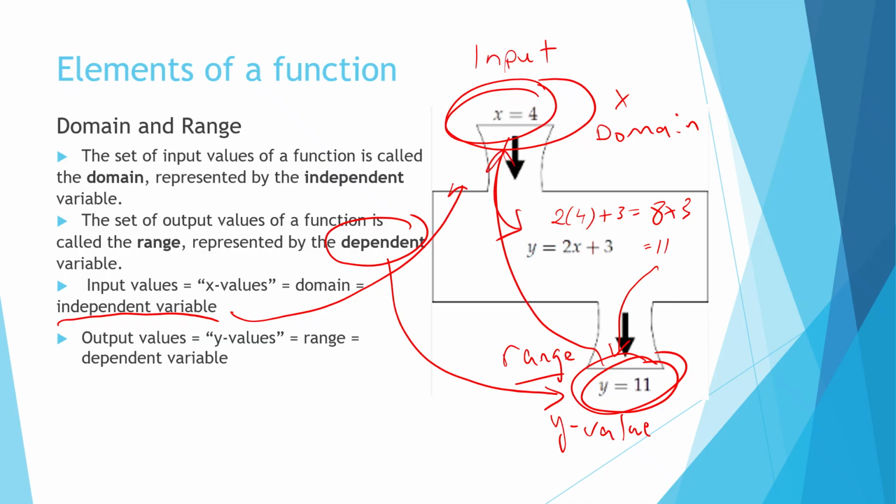If we changed x from 4 to 400, y would no longer be 11. In fact, if you plug it in, it would be 803, a much different number. So y is dependent on x, but x is independent of y. So here our output, range, y values, dependent variable, they all mean the same thing.